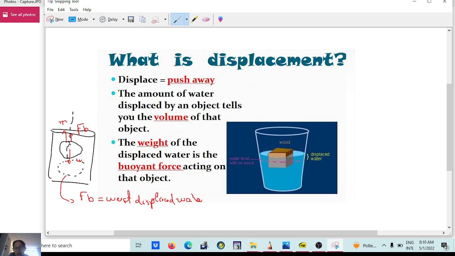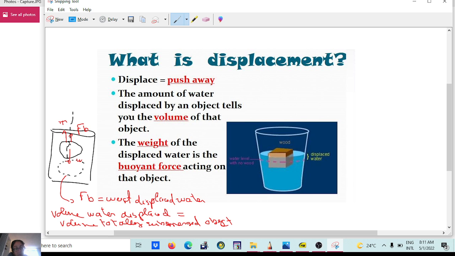The other thing that we can say is that the volume of the water displaced equals the volume of the totally submerged object. But as I've said just now, the weight is larger than the buoyant force.